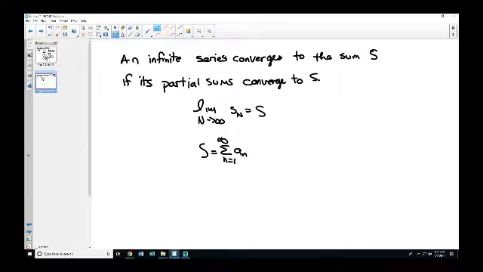So that will converge, right? What if the limit does not exist, and it diverges? Series diverges.